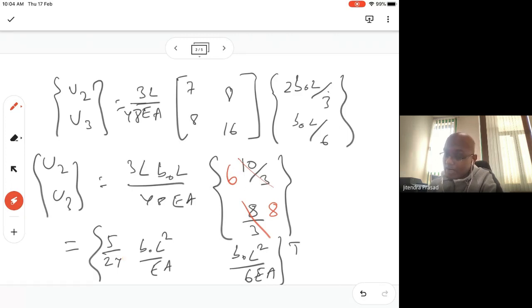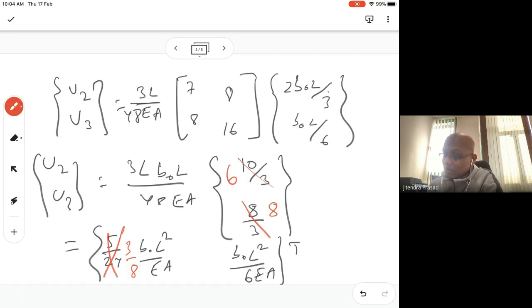So accordingly, this value should be 3 over 8. So you get 3 over 8 here. And here 8, 6 here, and then 3. So you get half, right?